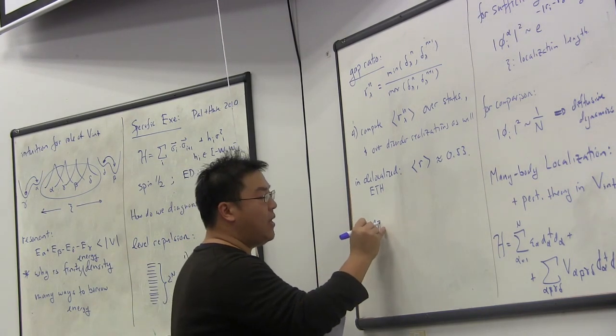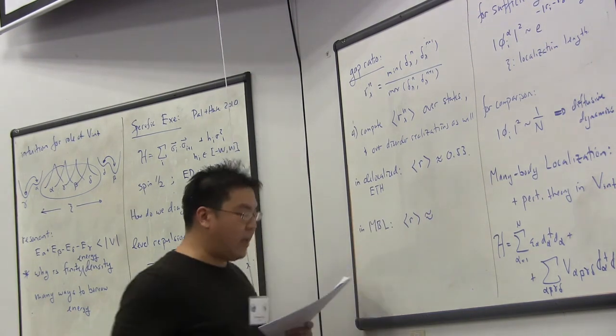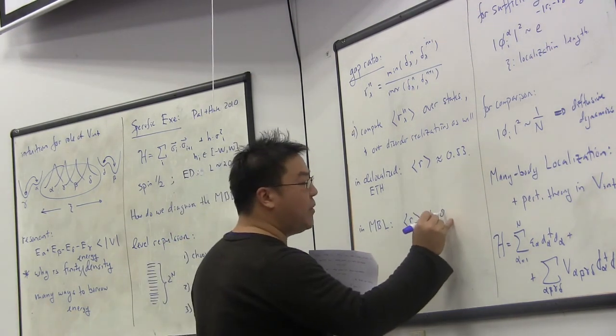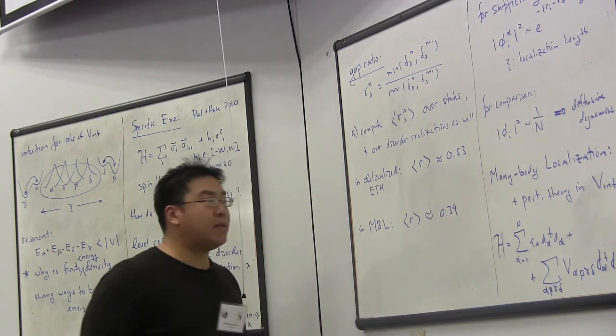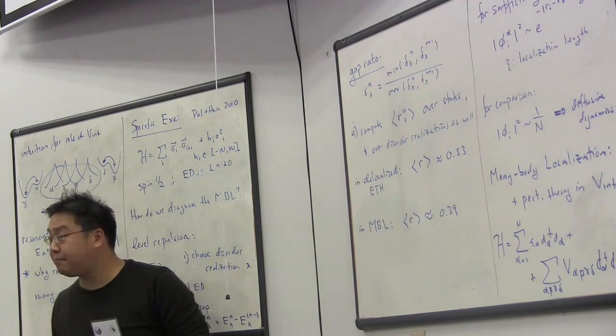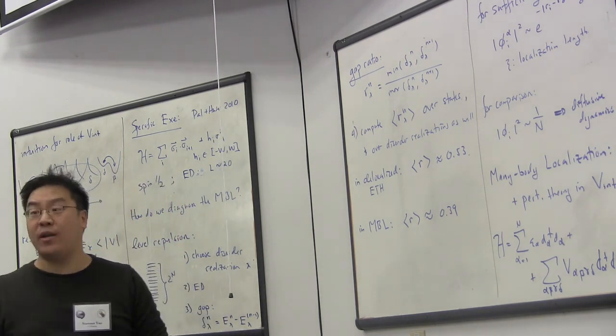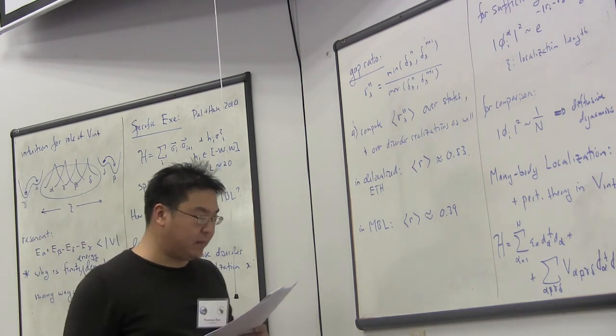And in the localized phase, the average R is approximately 0.39, coming from Poissonian statistics. So that's a super operational way to calculate whether or not a system is localized or not.